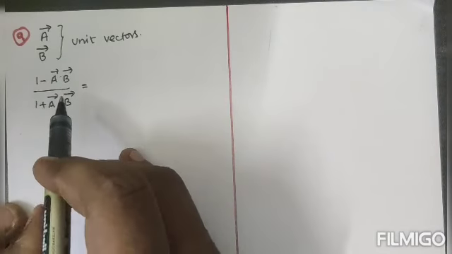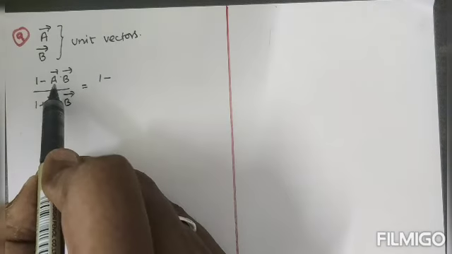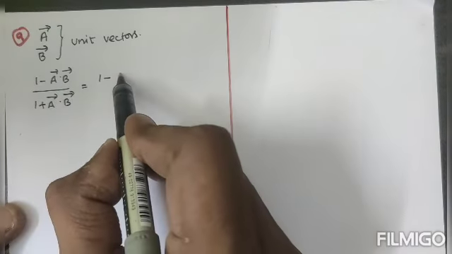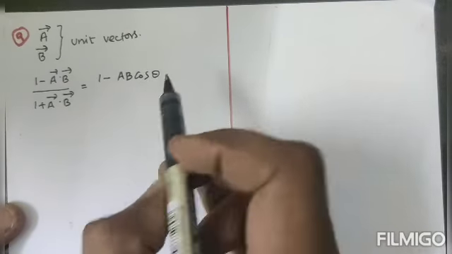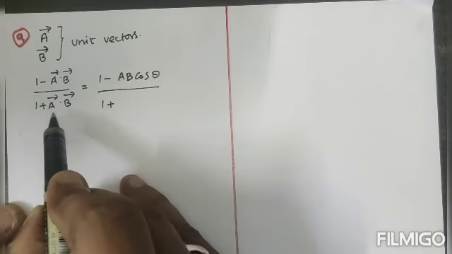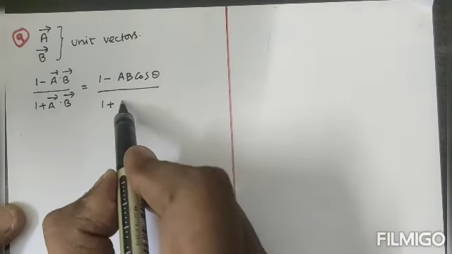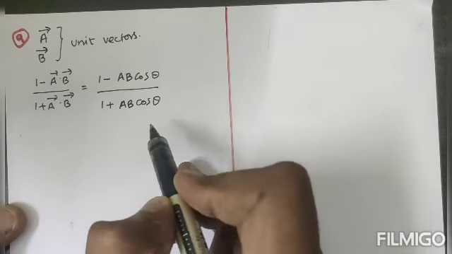Okay, so I can write 1 minus A vector dot B vector, you know, that is AB cos theta, divided by 1 plus A vector dot B vector, which we can write as AB cos theta.